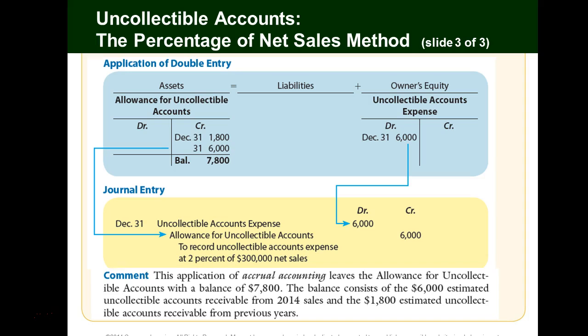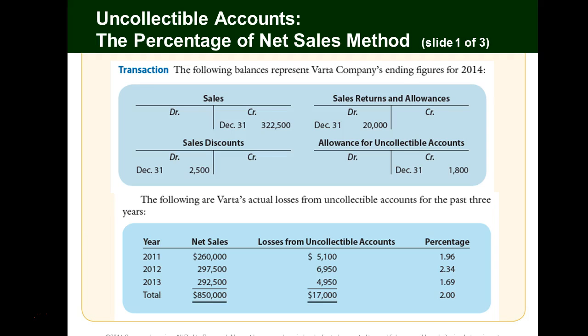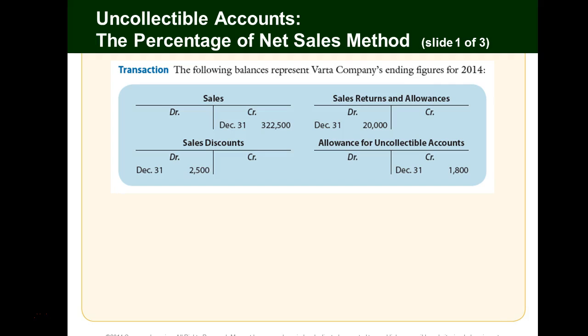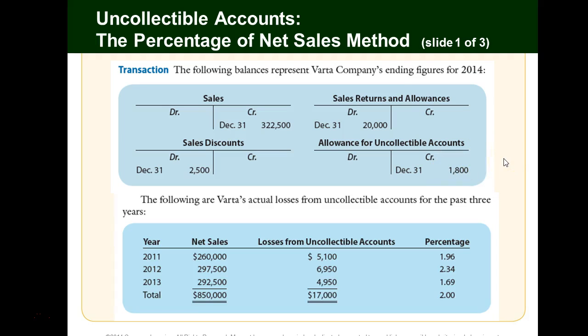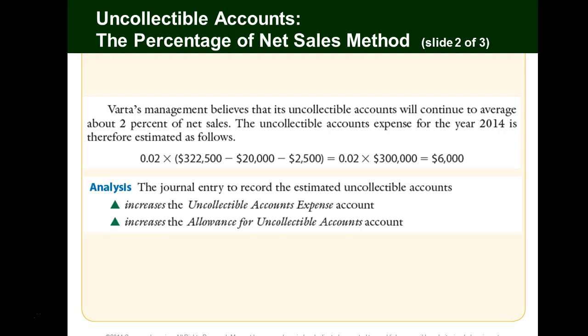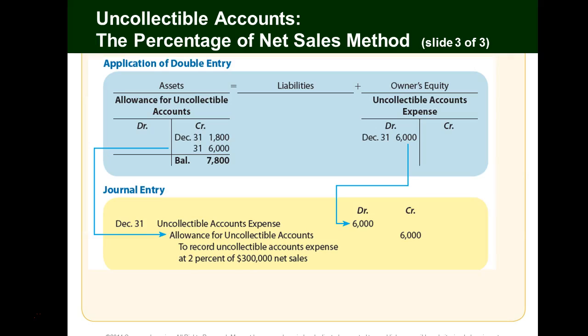This application of doing the accrual accounting leaves the allowance for uncollectible accounts with a balance of $7,800. Now the reason it's a balance of $7,800, remember we started the period with $1,800 here? So by adding an extra $6,000, we now are going to have $7,800 sitting in our balance.